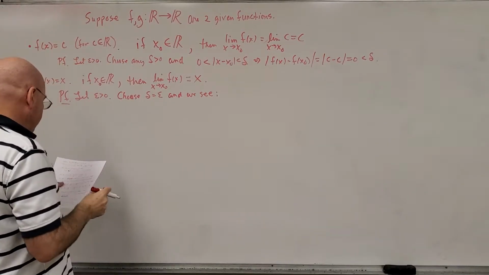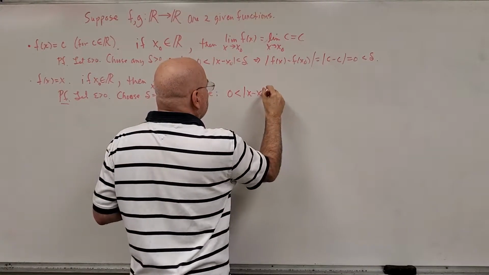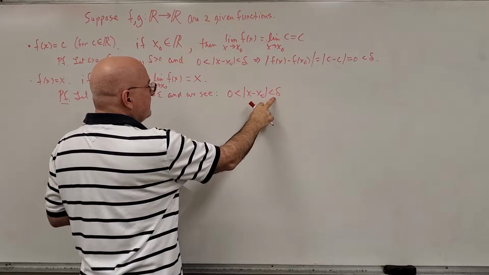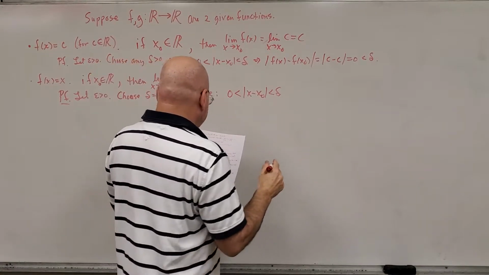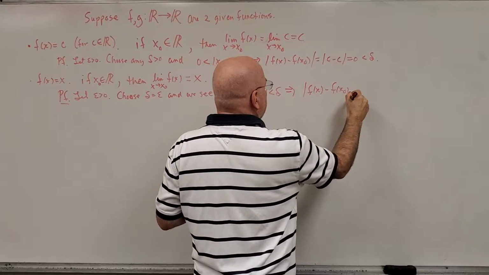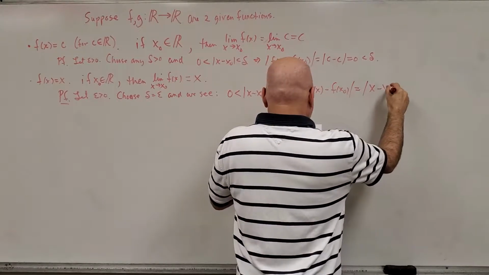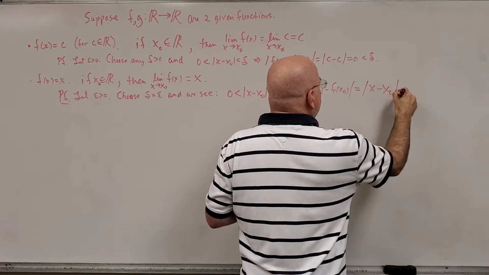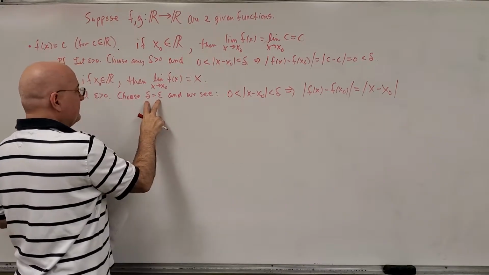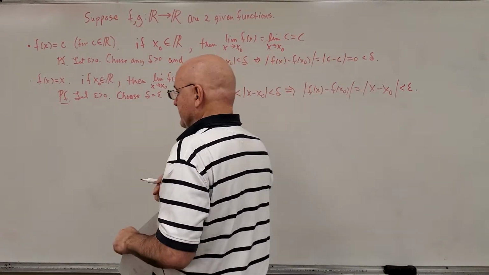Okay, if we choose delta to be epsilon, then whenever the distance between x and x naught is between 0 and delta, we get that f of x minus f of x naught is equal to x minus x naught. And what do we know about x minus x naught? It's less than delta. But delta is equal to epsilon, so there, that's the end of that proof.